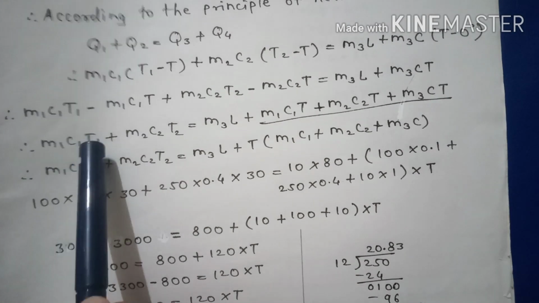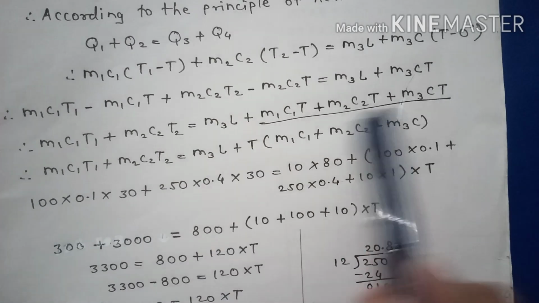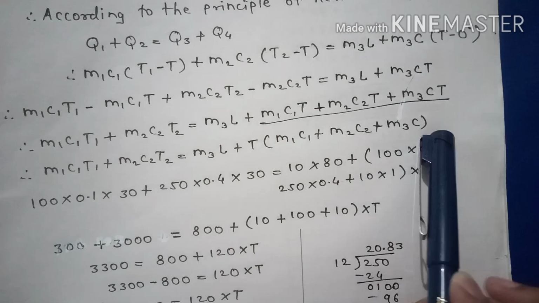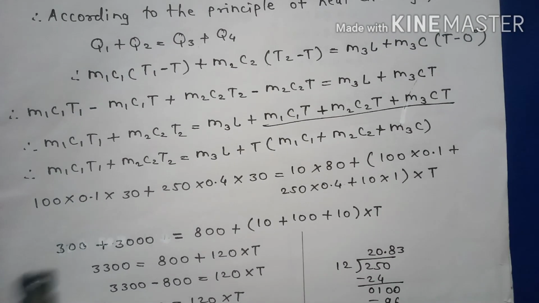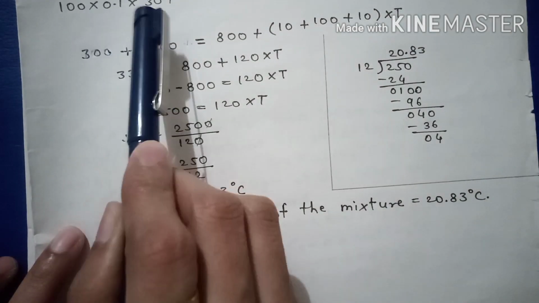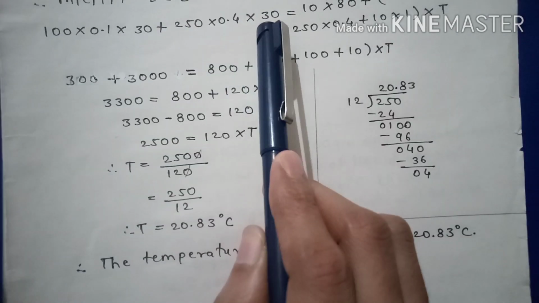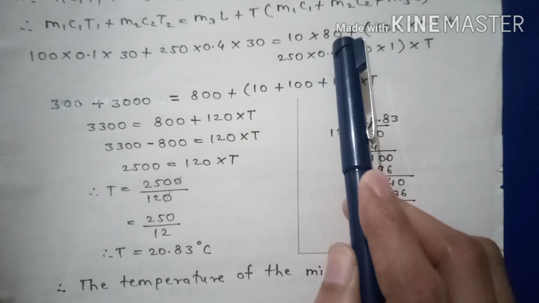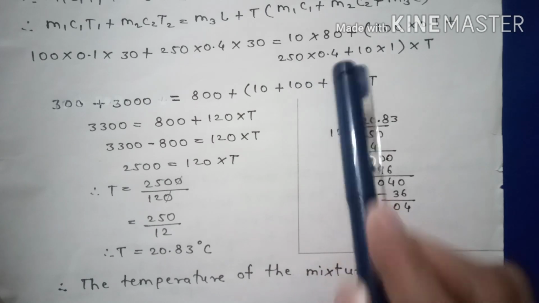Now M1C1T1 will be as it is plus M2C2T2, that is equal to M3L plus, from all these three factors T will be common, so M1C1 plus M2C2 plus M3 into C. So here we are putting all the respective values, and after that we will see what multiplication we get. Now 100 into 0.1 into 30 will be 300, plus 250 into 0.4 into 30 will be 3000, which is equal to 10 into 80, that means 800, plus 100 into 0.1, that means 10 only. 250 into 0.4 means 100.